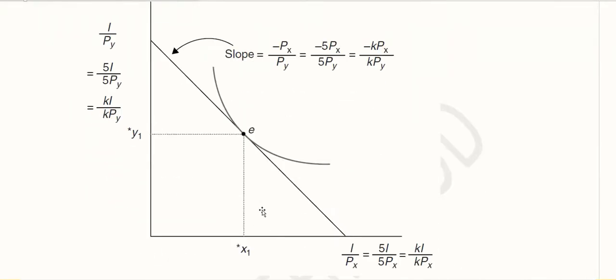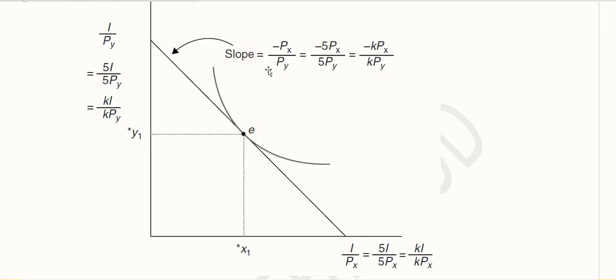It's the same budget line that we have seen many times, and this is the point of equilibrium where the critical values of x1 and y1 are appearing. Here we have calculated the slope.